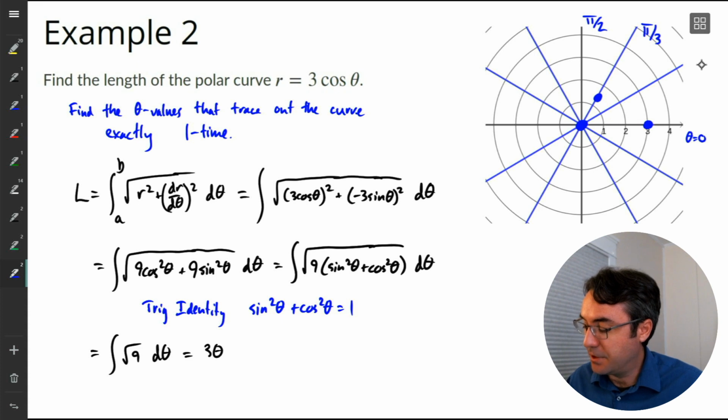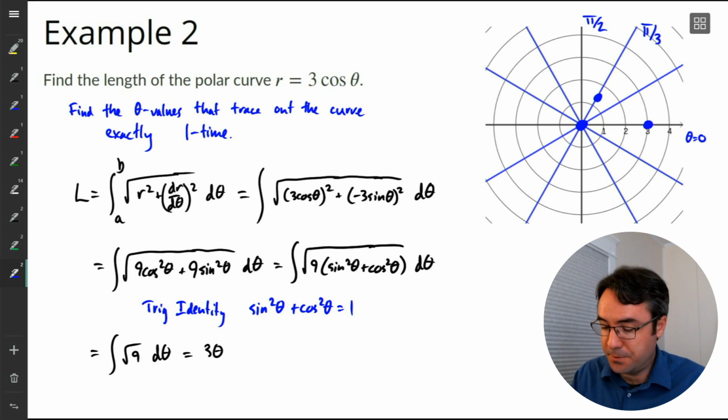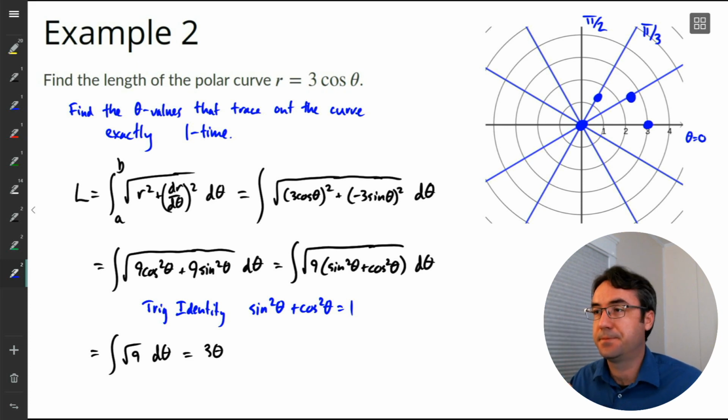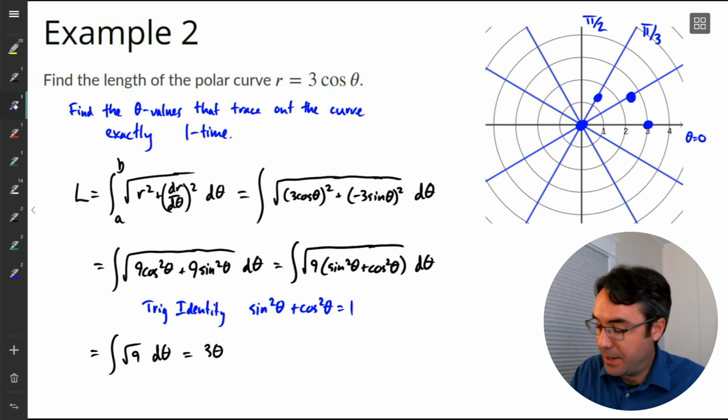And if we looked at pi over 6, we could figure out what cosine of pi over 6 is. That's square root 3 over 2. And if we wanted to get a decimal, 3 times square root 3 over 2, we'd get a point roughly out here. And that would be on the pi over 6 ray.